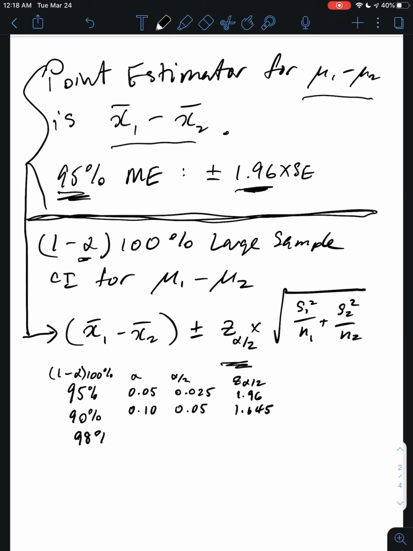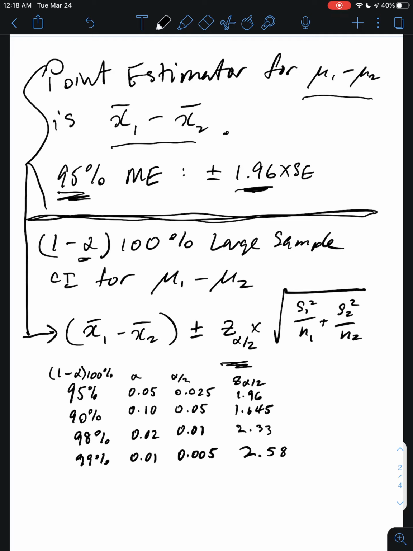If we're looking at 98% confidence, alpha is 2%, alpha over 2 is 1%, Z sub alpha over 2 was 2.33, and for 99%, alpha is 1%, alpha over 2 is 0.5%, and Z sub alpha over 2 is 2.58 by convention.